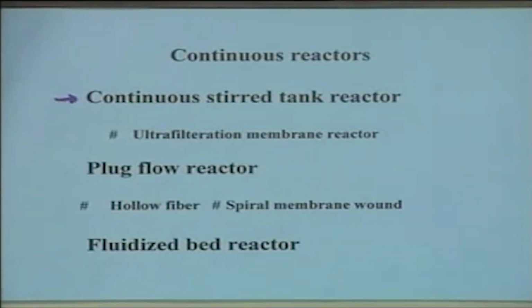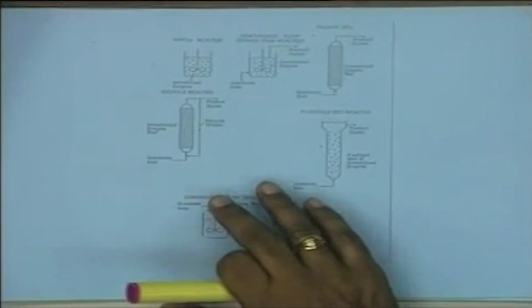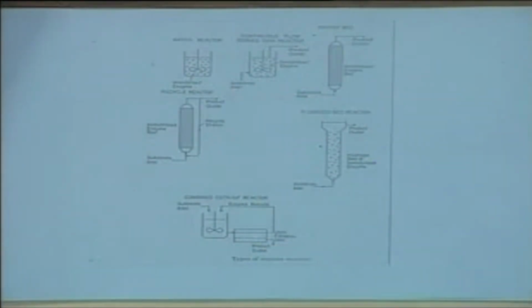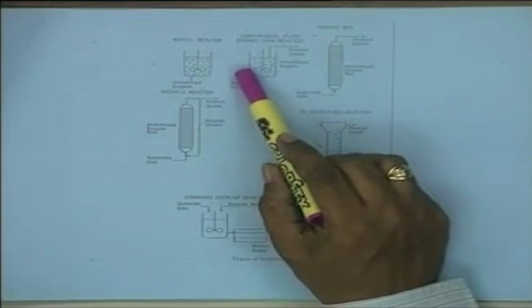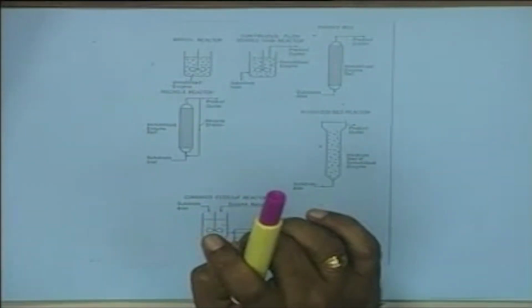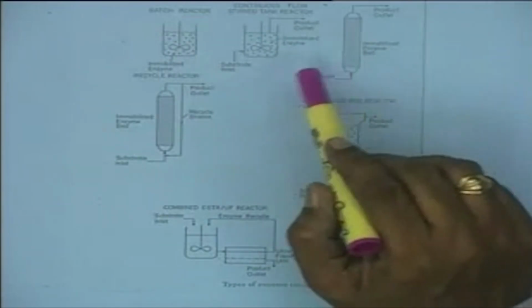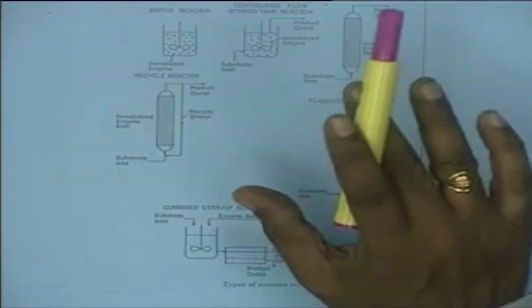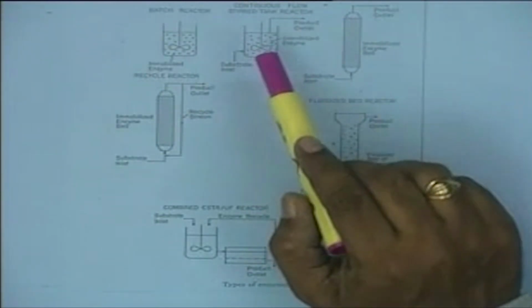You have the continuous stirred tank reactor, and the classical feature of a continuous stirred tank reactor is that it is a type of stirred reactor in which you give a continuous supply of substrate in the form of feed, and at the same rate the product stream is taken out, while retaining the immobilized enzyme preparation in the reactor.